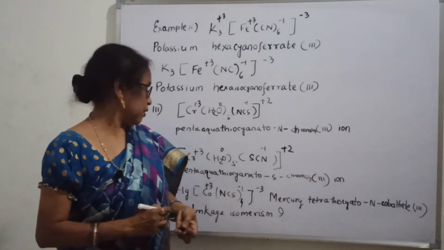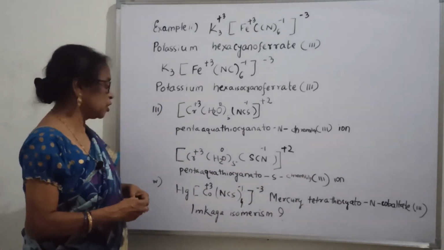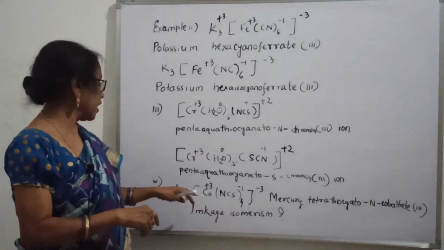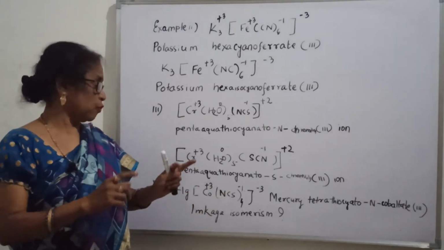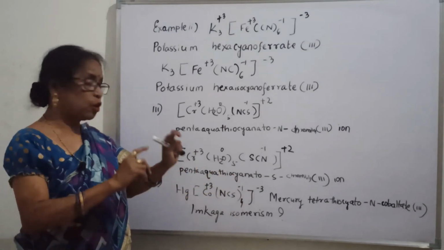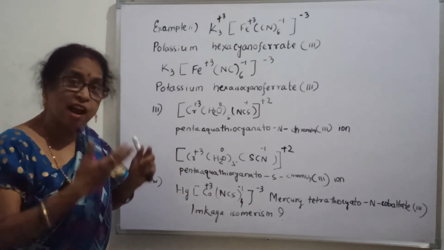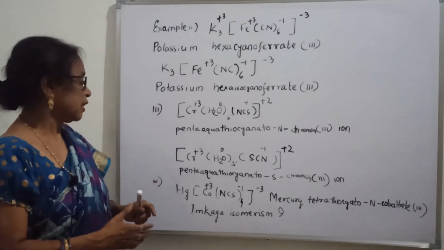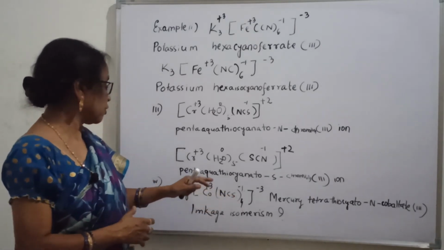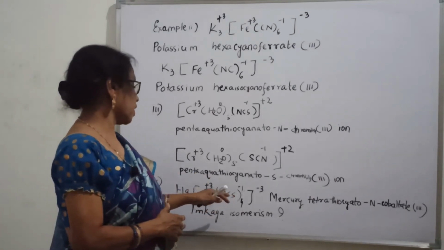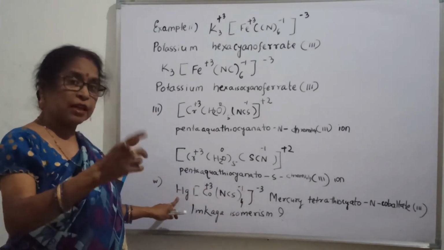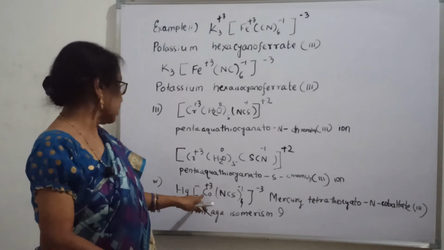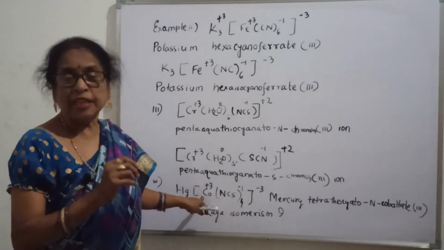Chromium(III) ion. Now here the question is given, and now it is Hg[Co(NCS)4], square bracket close, -3. That is when it is an anionic complex. Anionic complex, how can you write? Here you can see, mercury is written first, there should be a gap, because after that you will start the nomenclature.